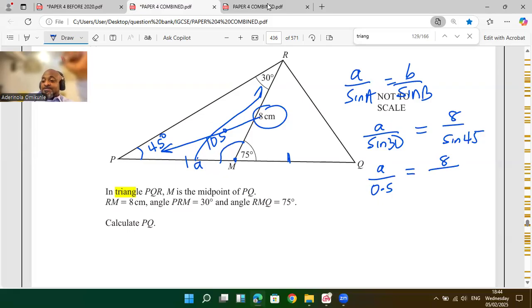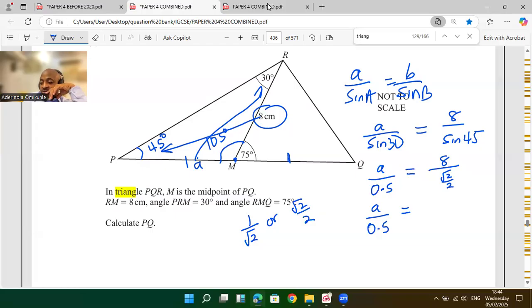From our special angles, sine 45 is either 1 divided by root 2 or root 2 over 2. Any one is fine, but for this case I'm going to use root 2 divided by 2.